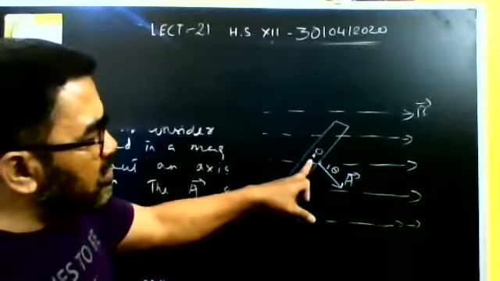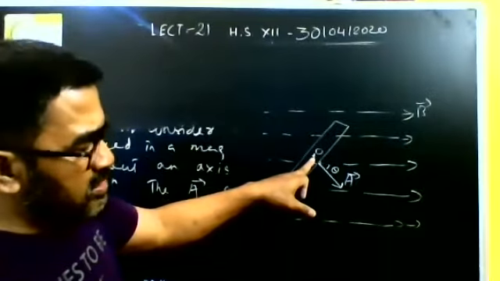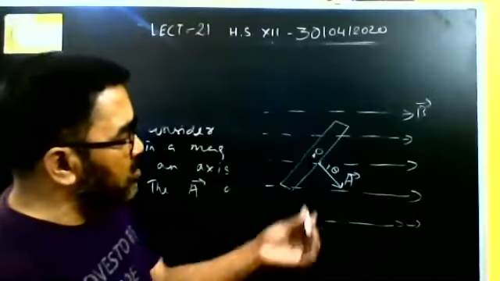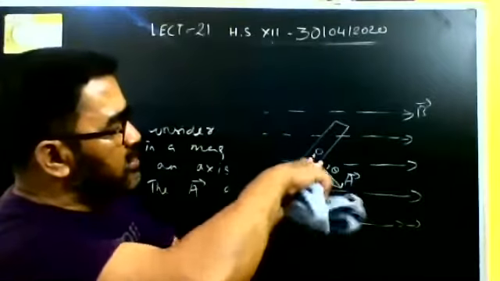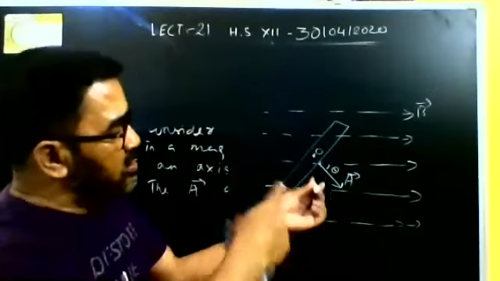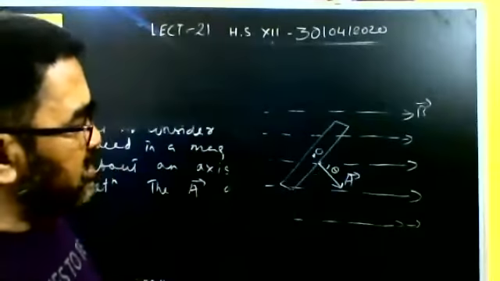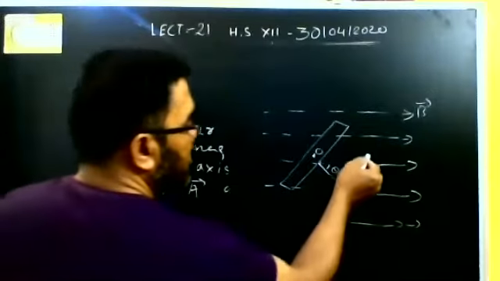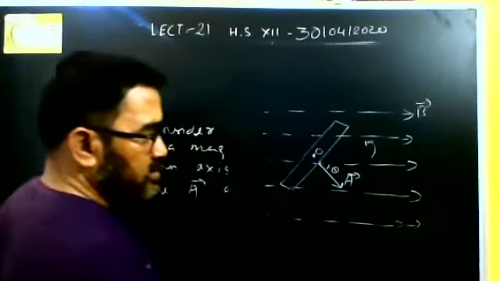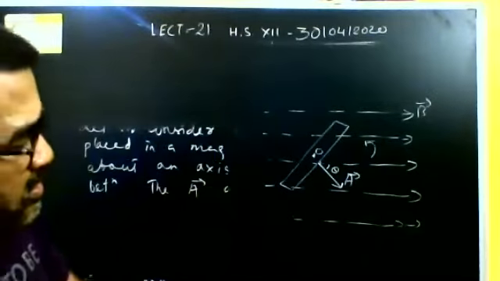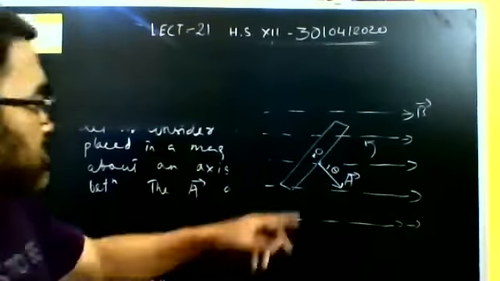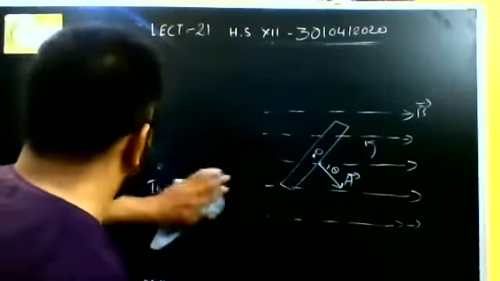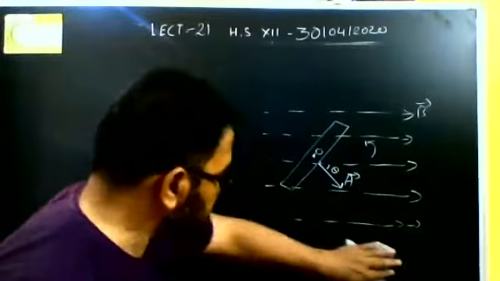If the coil rotates about this axis, which is passing normally to this blackboard, suppose it is rotating clockwise. In any case, either clockwise or anti-clockwise, if it rotates, this angle will change. As soon as this angle changes, what will happen?